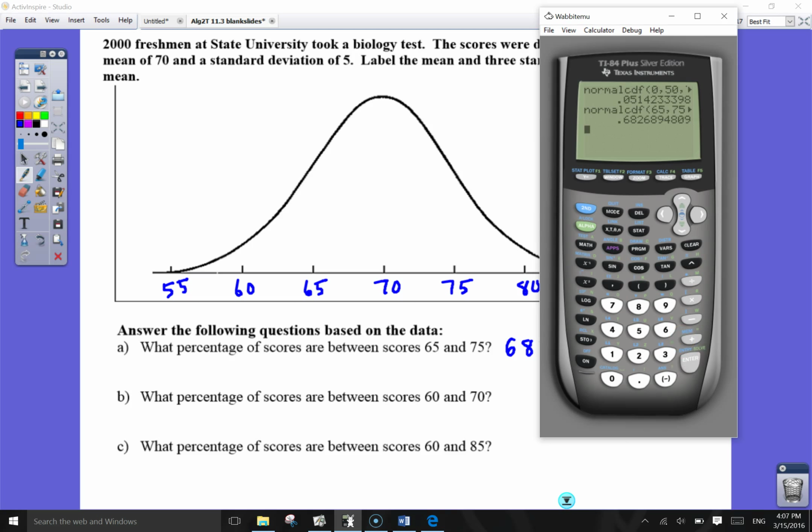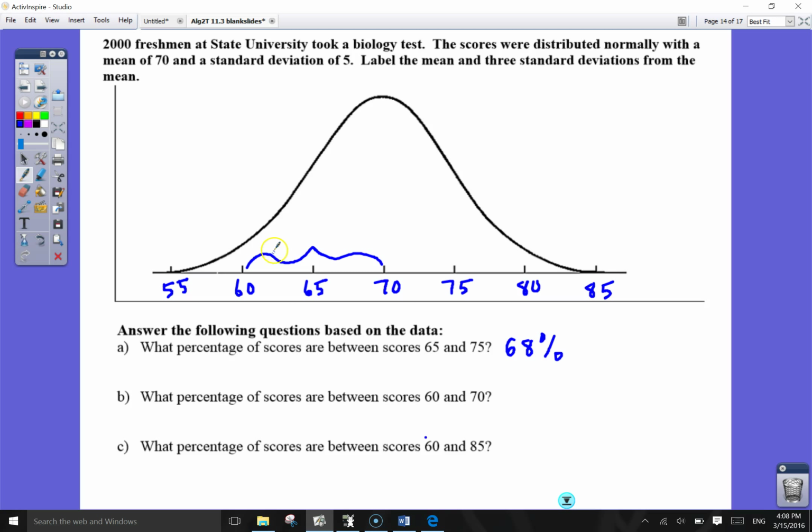Okay, what percentage of the scores are in between 60 and 70? Okay, that would be in this area. We kind of did that one already. Remember, that was when we added up the 34.1 and 14.6, I think it was. The percent was 47.7%, rounded to the tenths.